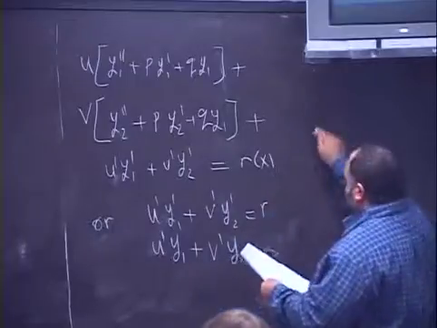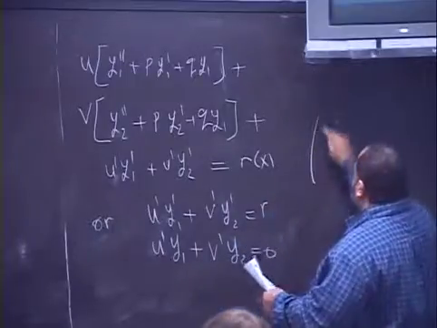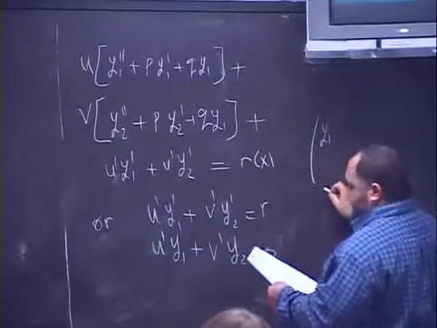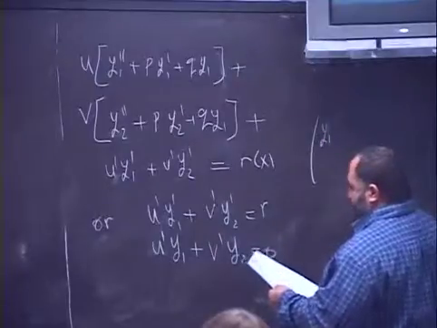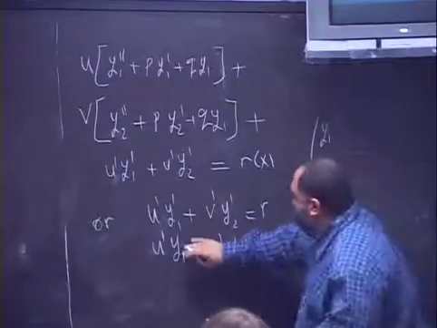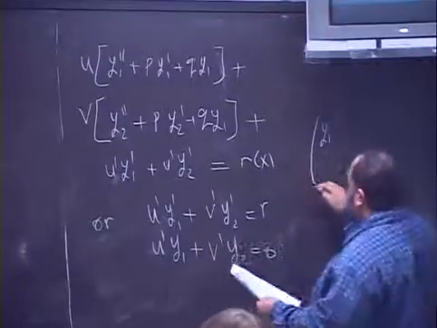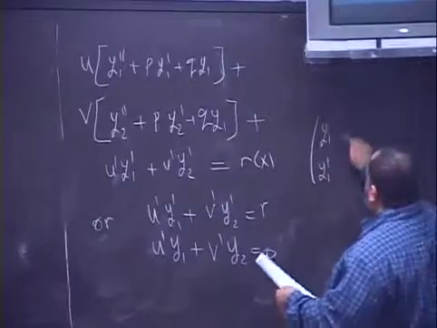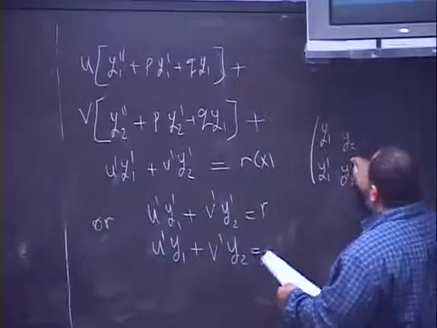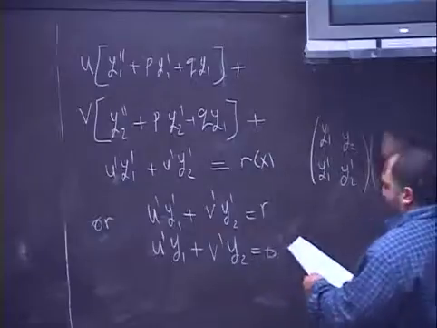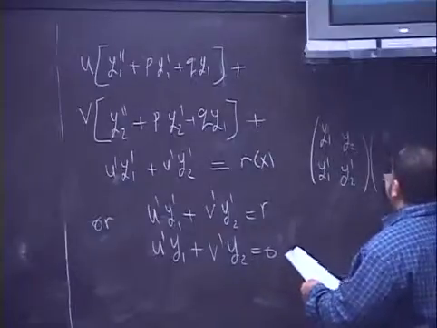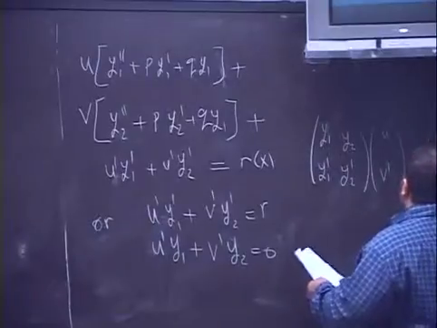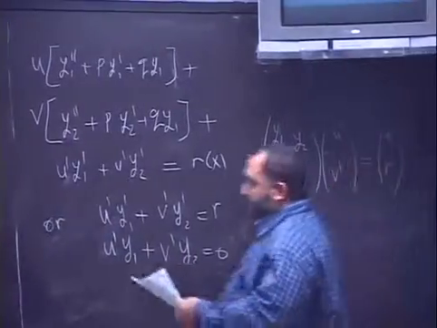To solve it, we can write y1 and y1 prime and y2 and y2 what? Prime operated over u prime and v prime equal to 0 and r.